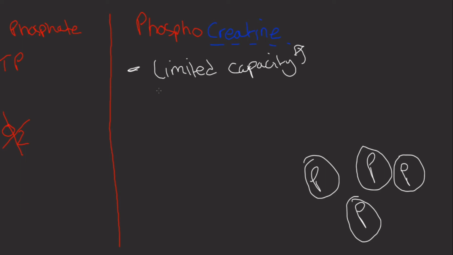Now, creatine can be akin to, say, a shuttle bus. It's like a shuttle, and creatine does a good job at this. So it acts as a shuttle. It picks up and delivers.